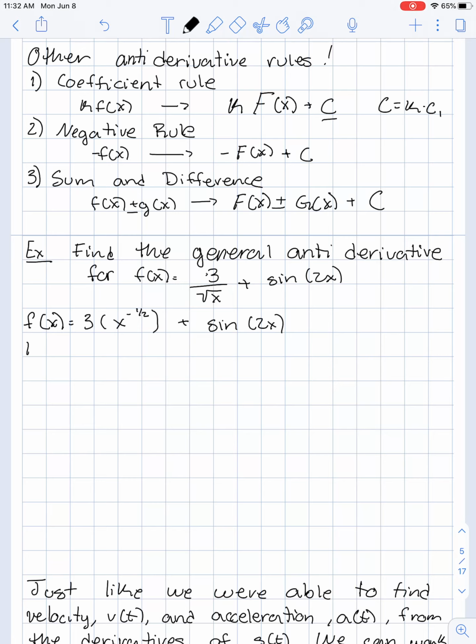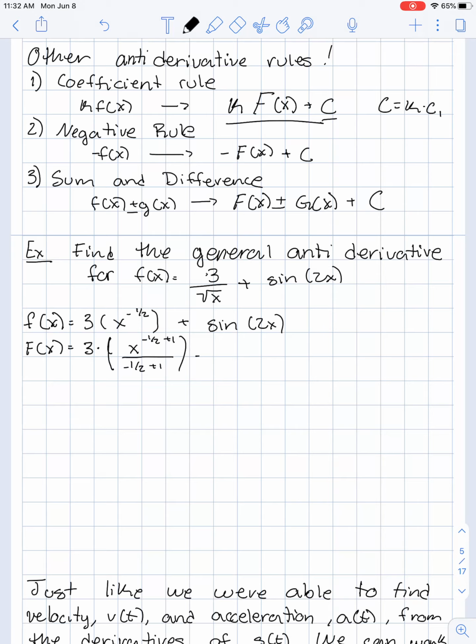All right, so that means that big F of x, that 3 is just going to stay there because of this rule up here. And then I'm going to take x to the negative 1/2 plus 1 divided by negative 1/2 plus 1.